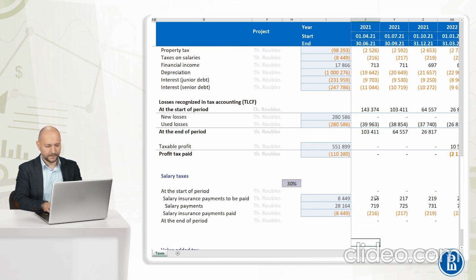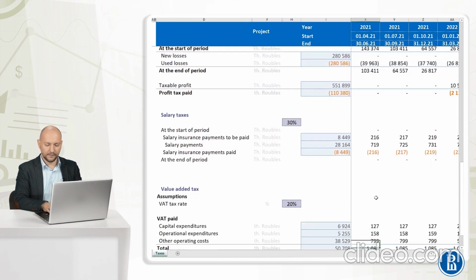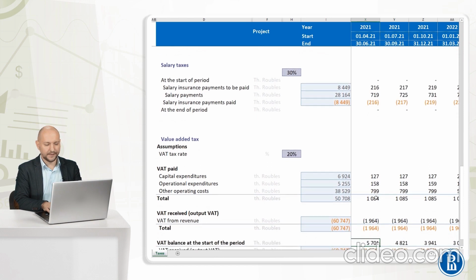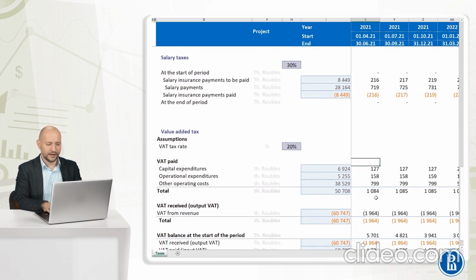So it's easy. Now let's move to another pretty important tax in models, value-added tax. And let's understand how it can be calculated in financial models. So first of all, there are two kinds of value-added tax for companies.